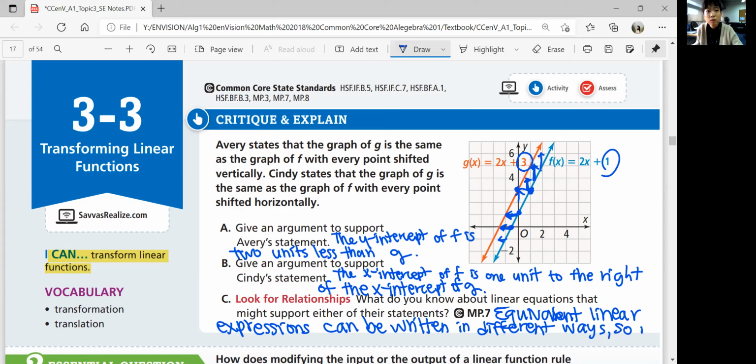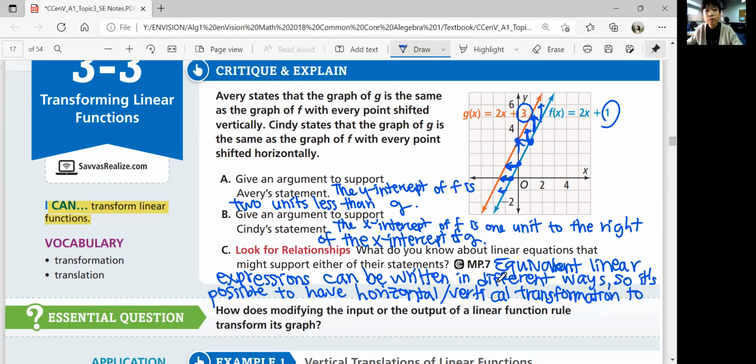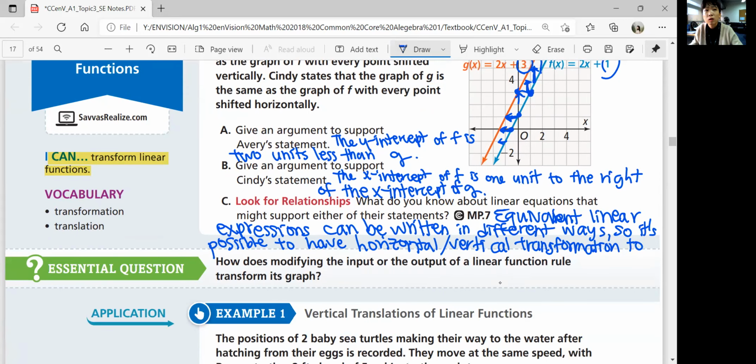So it's possible to have horizontal transformation or vertical transformation to make equivalent equations.